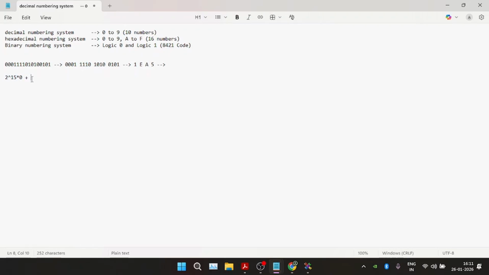So let us go with 2 power 14 multiplied by 0 plus, and I will copy this for 13. I need the plus symbol also. 13, 12, 11, 10, 9, 8, 7, 6, 5, 4, 3, 2, 1, 0. So that's the final expression. 14 is logic 0, it's going to be there. 13.